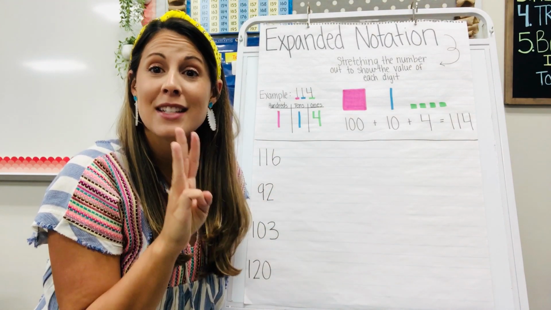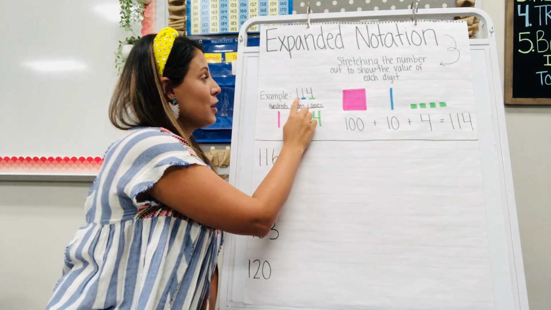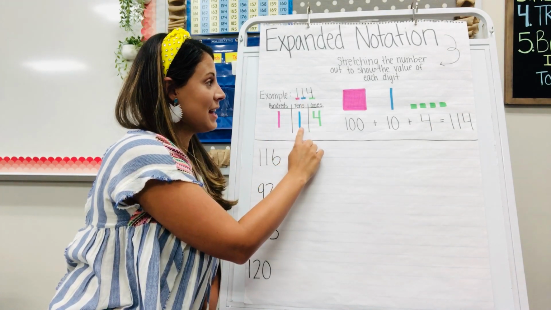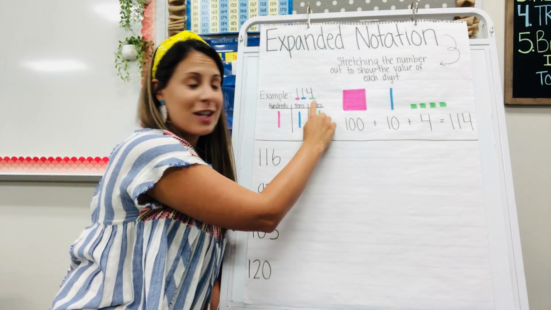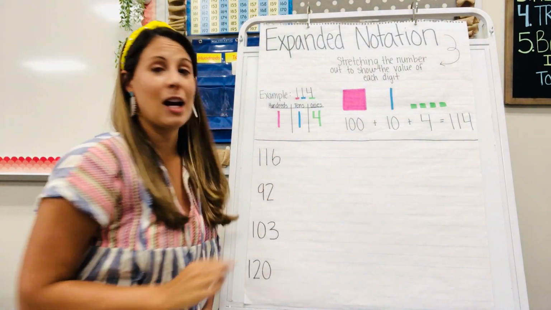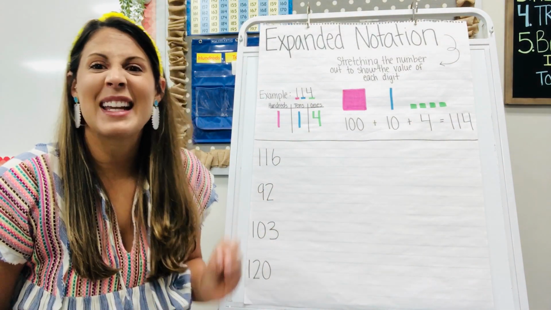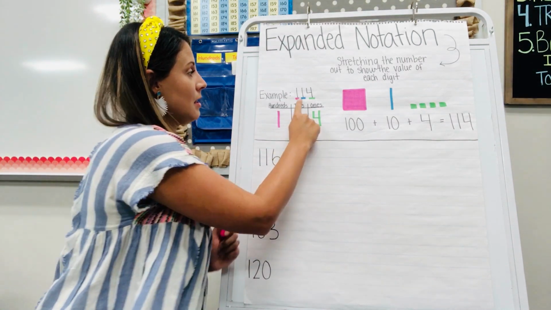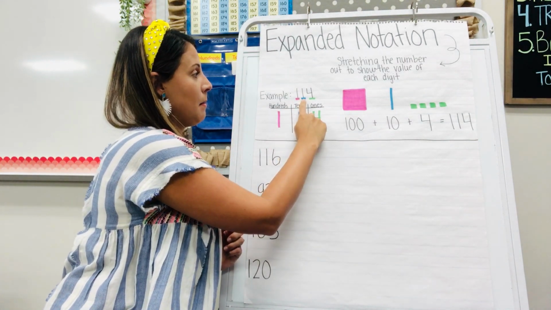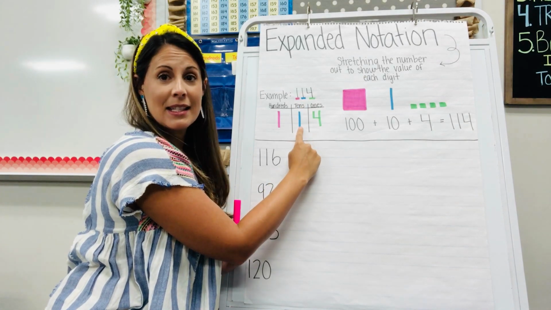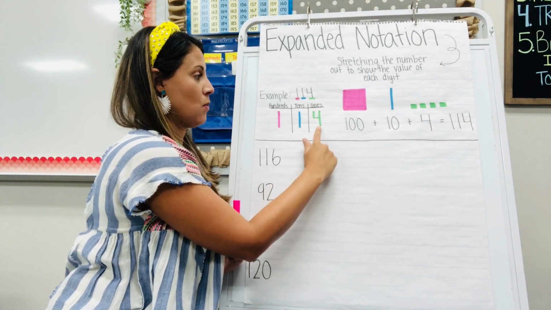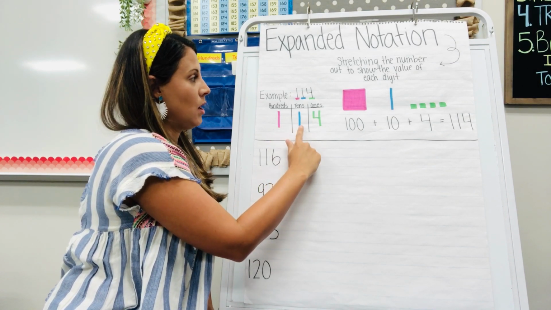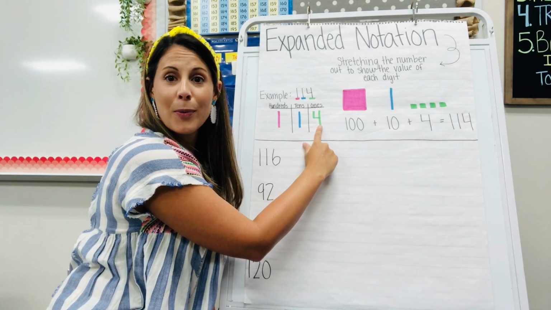When we have a 3-digit number, the first digit is your hundreds, the second digit is your tens, and the third digit is your ones. I color-coded them to make it easier to see. My pink is my hundreds, my blue is my tens, and my green is my ones. So like I said, we have 1 hundred, 1 ten, and 4 ones.